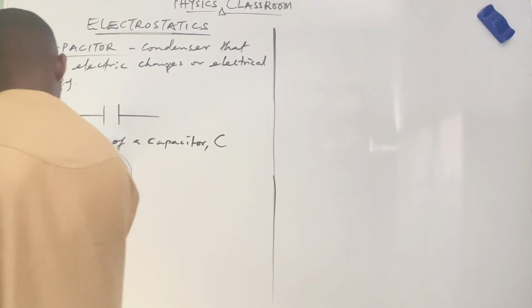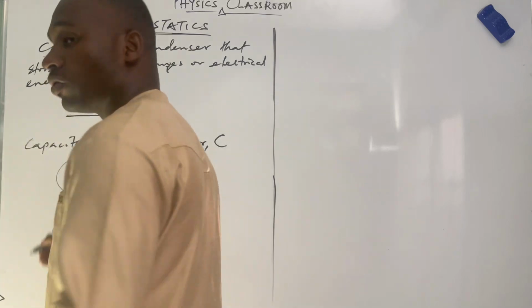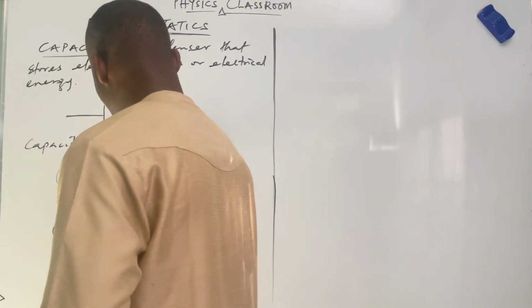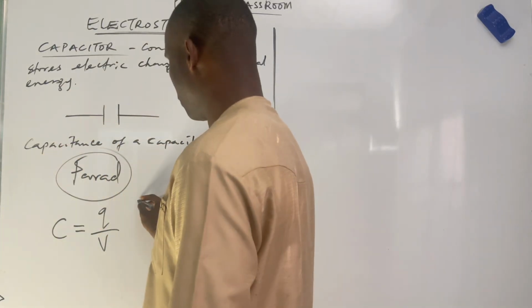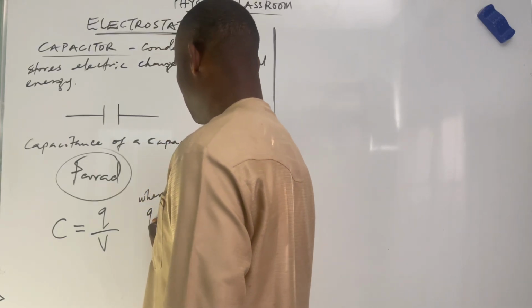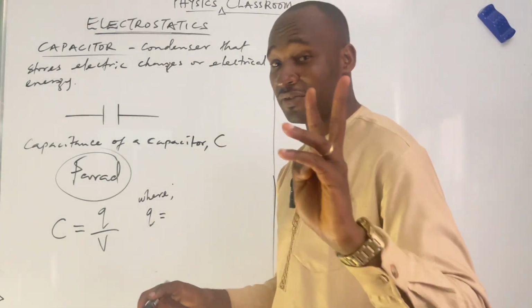It can be calculated using the formula Q all over V, where Q connotes the charge on either plate. You know it has two plates.